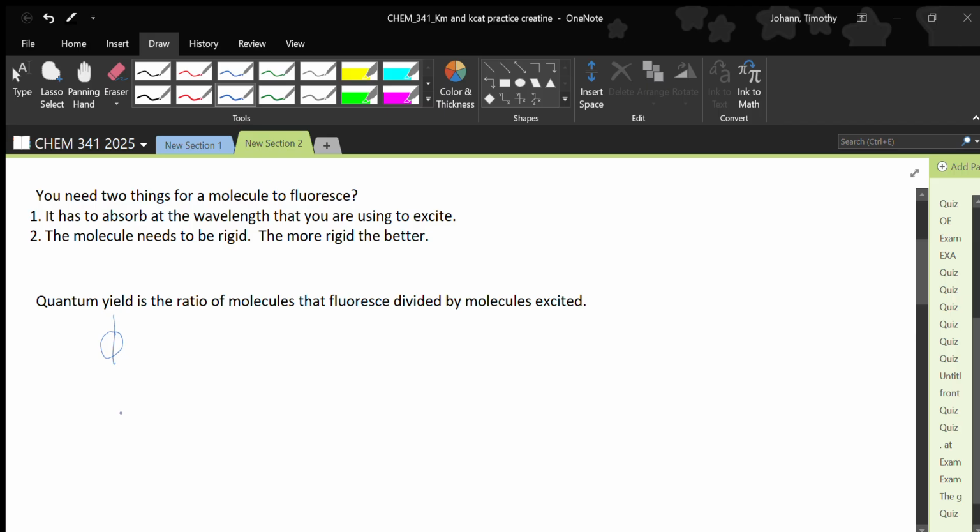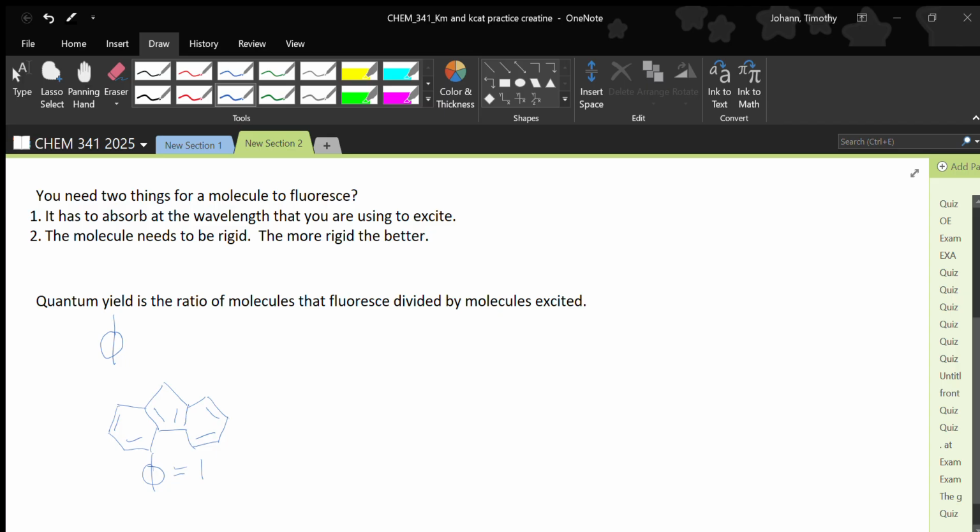For example, this isn't one of the molecules that we're using in lab, but this is a great example. This molecule is called fluorene. And this guy has a quantum yield of 1. It's very rigid, so every molecule of this that gets hit, that is excited, will actually fluoresce.